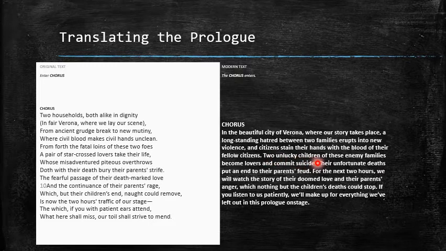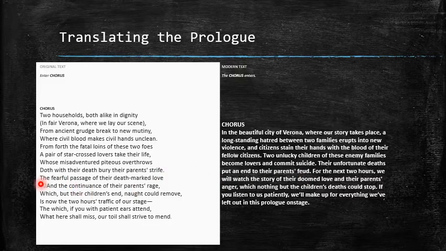Two unlucky children of these enemy families become lovers and commit suicide, whose misadventured, piteous overthrows doth at death bury their parents' strife. This means that their unfortunate deaths put an end to their parents' feud.